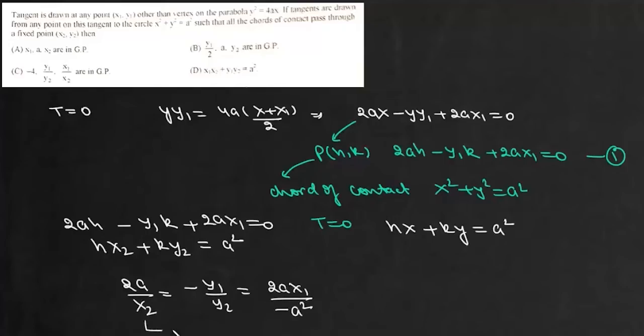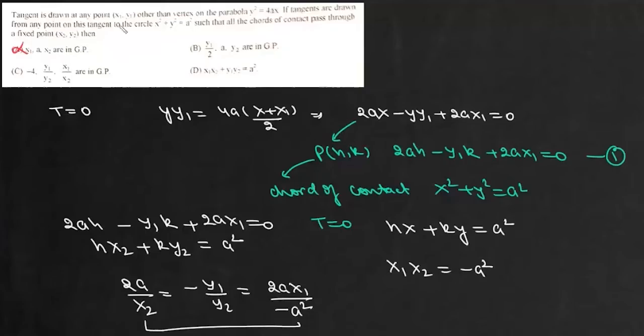Now if we take these first two conditions, then we can write x1 x2 equals minus a square. That means this option A is incorrect. So x1, a, x2 cannot be in GP.